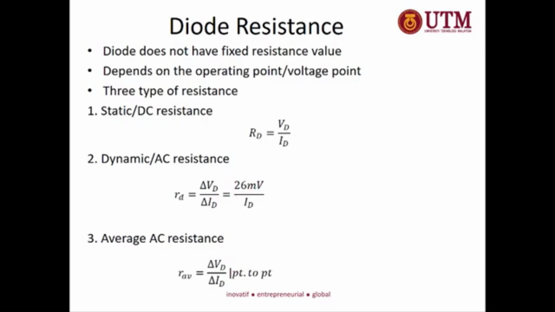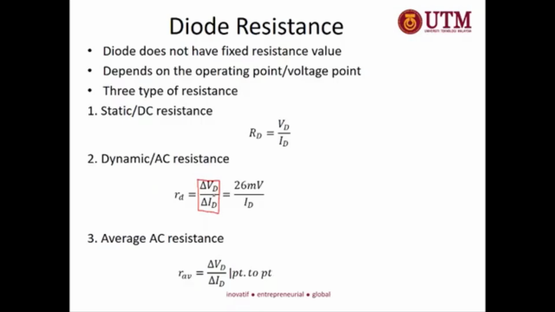If you consider the exponential equation of the diode current given in the previous slide, we can derive this equation. At the end, the dynamic AC resistance of the diode is equal to 26 millivolt over ID.